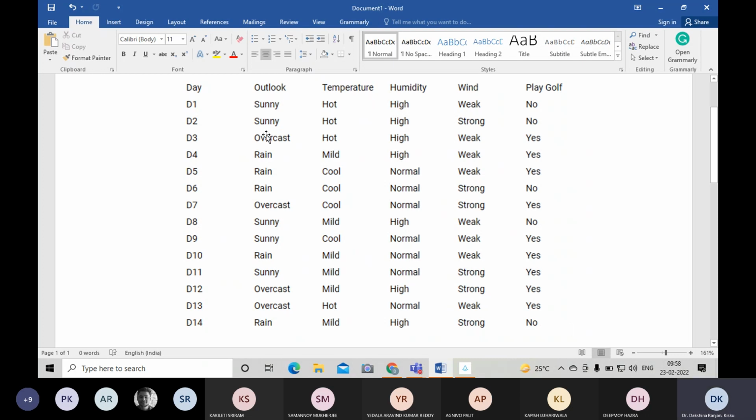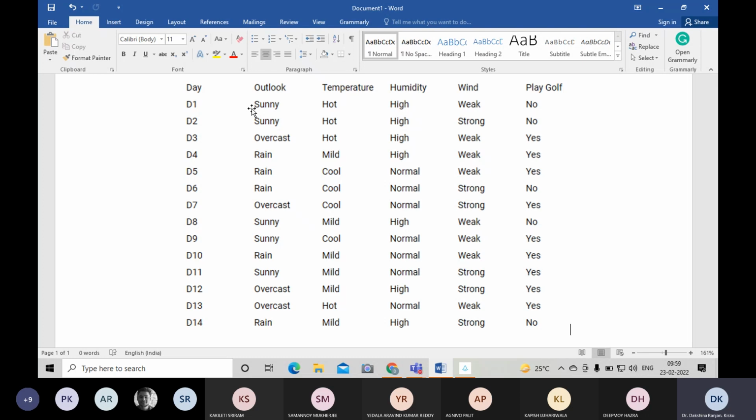Here we can count 1, 2, 3, 4, 5. With these 5 rows corresponding to the outlook value sunny, we will construct a data set. That data set will be a subset of the entire data set.